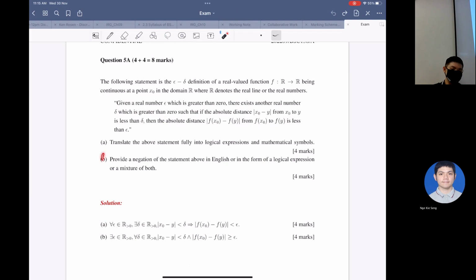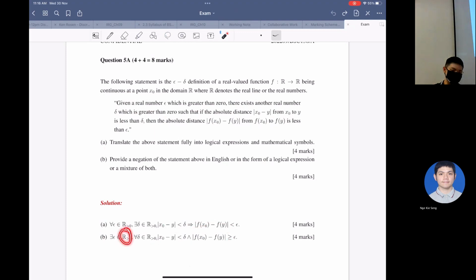And then the B is to test whether you know how to negate quantifiers or not. Can you do negation on quantifiers? De Morgan's law for quantifiers. So for every becomes exists, and exists becomes for every. And then P implies Q becomes P and not Q. This is what I want to test you.